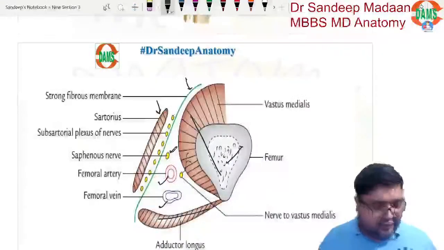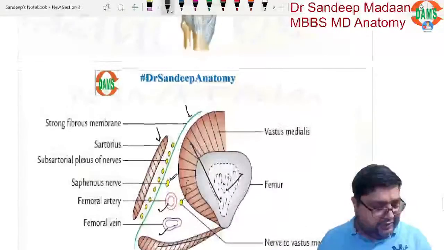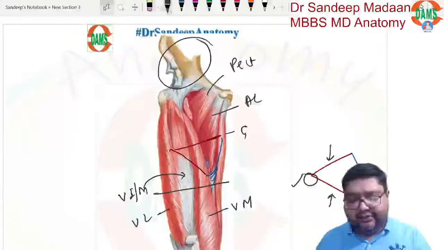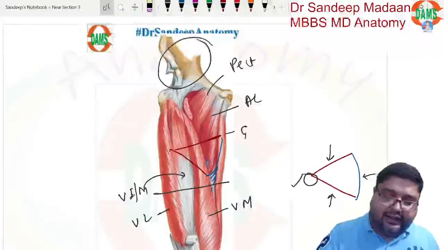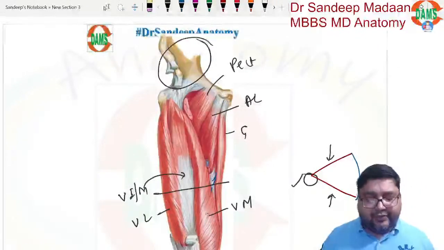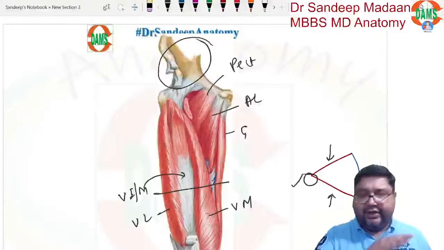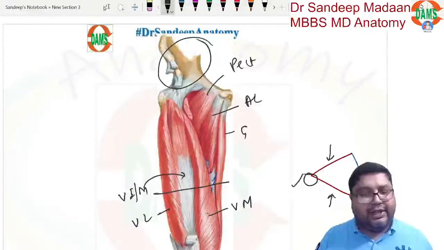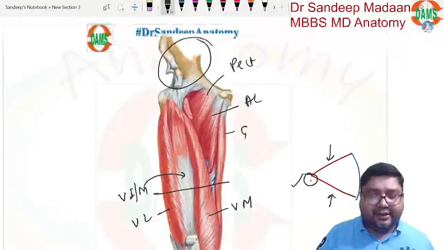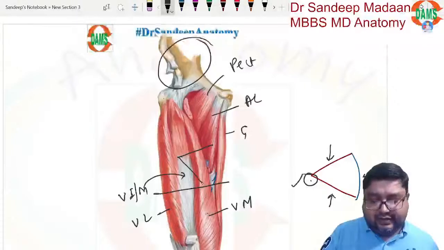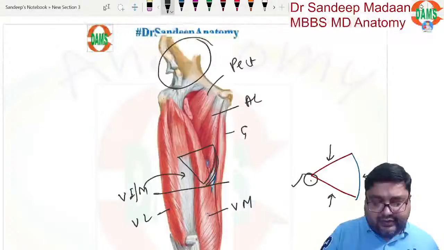Yes. So let me further show you this part. See this part carefully: if we take a section over here, this is the picture. Obviously when you take a section, in the center the bone will be cut, no? In the thigh we have only one bone, that is femur. Femur will be cut, and on one side adductor longus will be seen, on another side vastus medialis will be seen, and in between this fibrous roof will be seen.